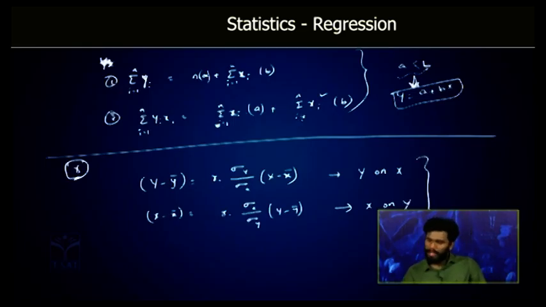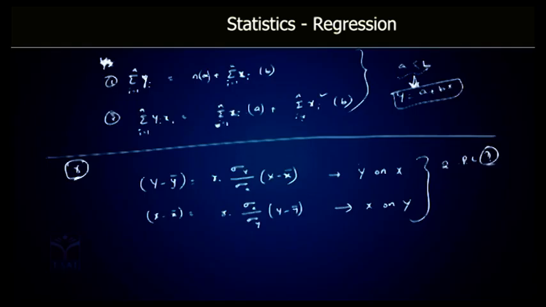Why are we having two regression lines here? The first one is y on x. That means when we want to find different values of y for different values of x, we use this line. We substitute the values of x here, and we get the y values. In order to find different values of x for different values of y, we use this regression equation. That is why we have two regression equations.